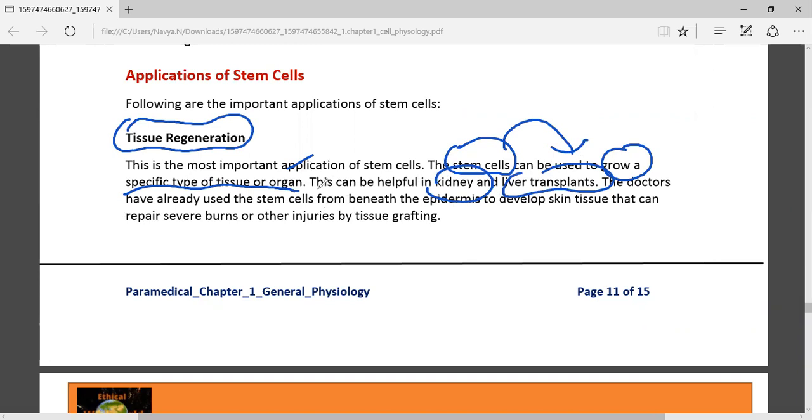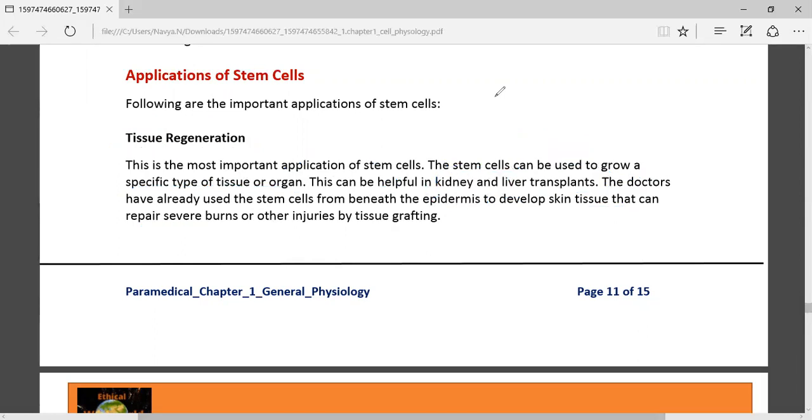Doctors have also used stem cells for the epidermis, the skin-related tissues. Skin can be repaired when it is damaged by burns or any injury.